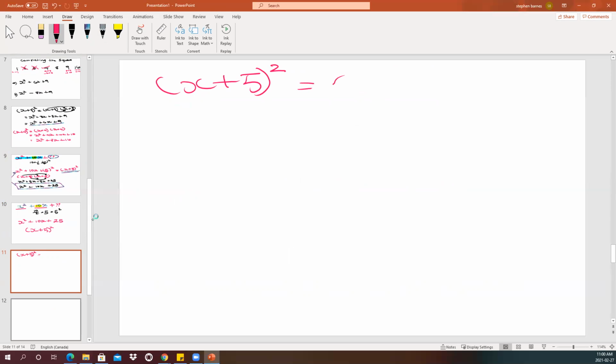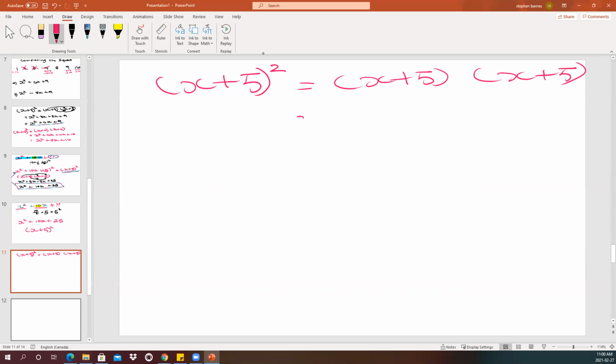This is going to be x plus 5 times x plus 5. And this we know is what a squared is, right? You're multiplying something by itself, right?